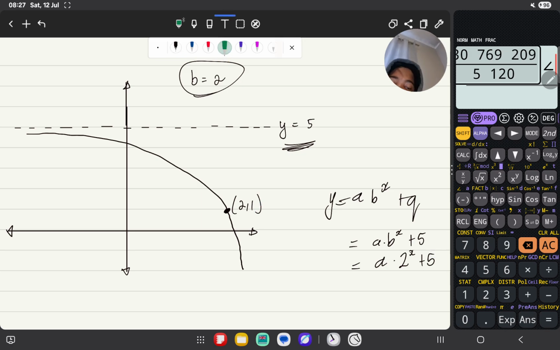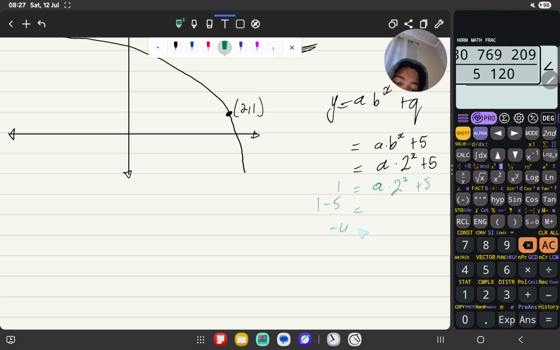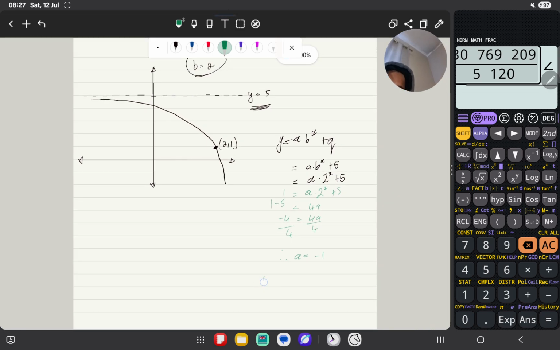Then we substitute this value where y is 1, a 2 to the power of 2 plus 5. So on this side we have 1 minus 5, which is minus 4, and on this side we have 4a. Divided by 4, a equals minus 1, and it makes sense, right? So therefore your function is y equals minus 1 times 2 to the power of x plus 5.